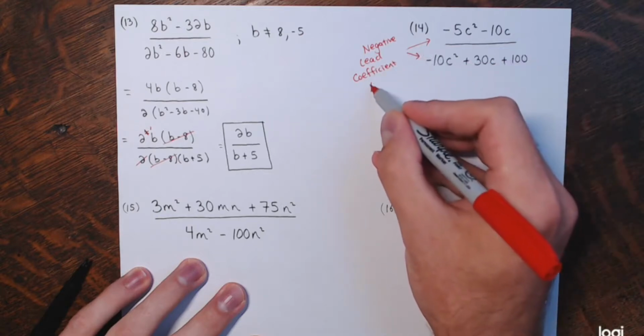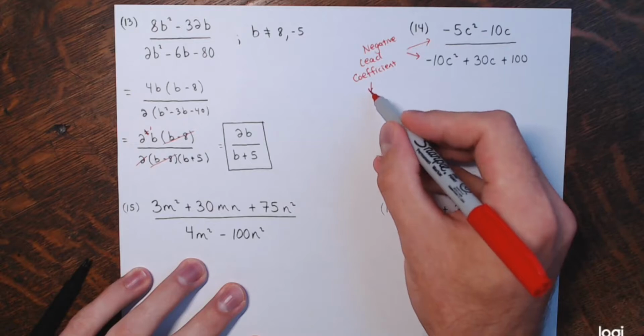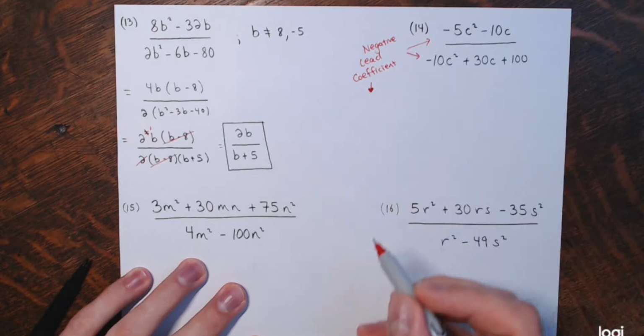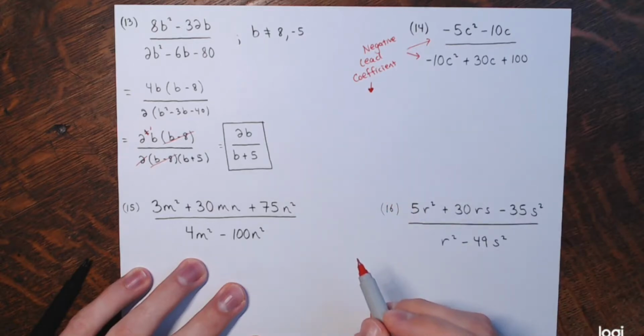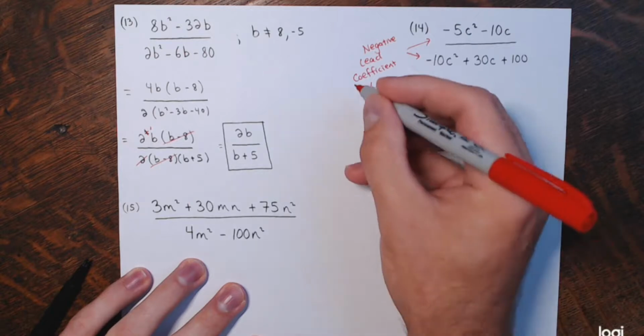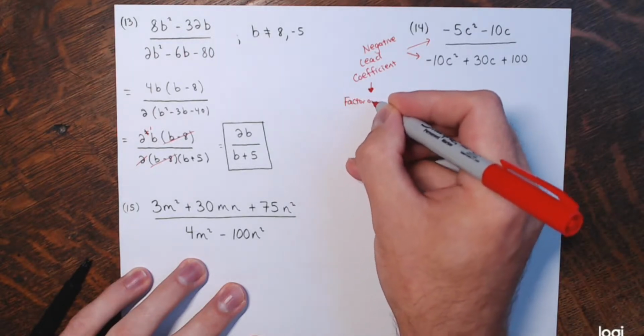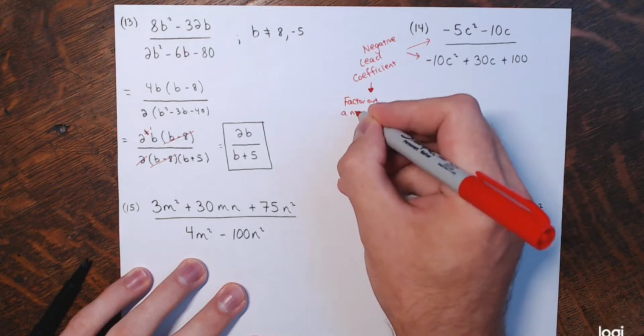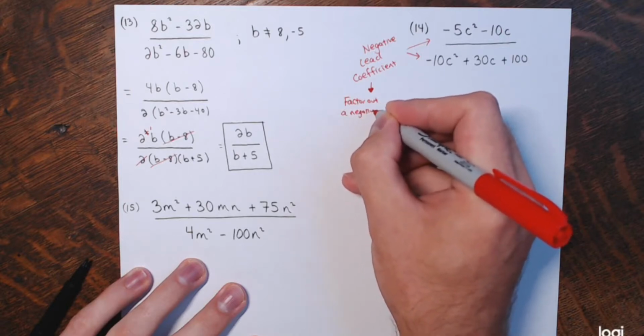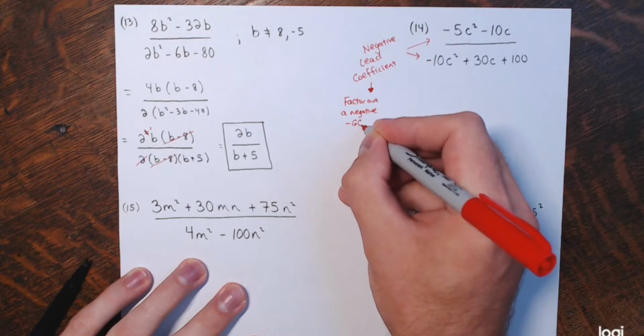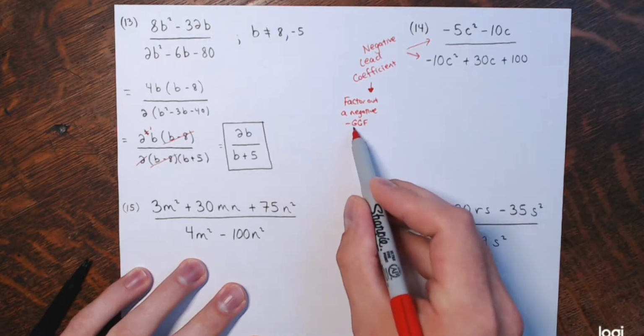And you might recall from chapter 6 material, or whatever videos on factoring I've put out, or whatever reading on factoring you've done, we'll factor out a negative in that case. The opposite of whatever the greatest common factor is, the opposite of the GCF.